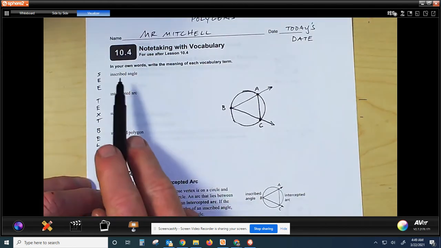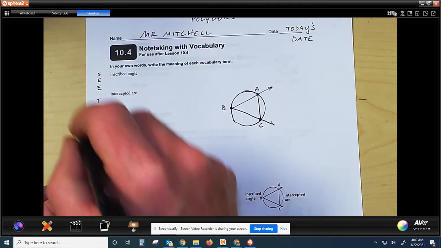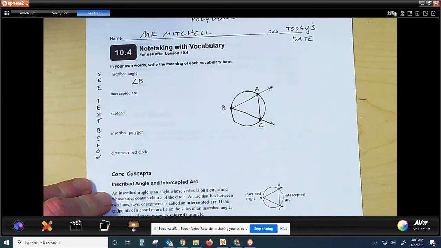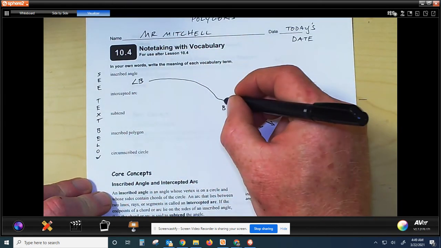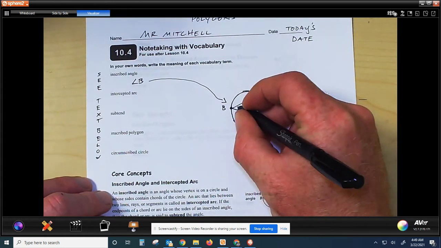Okay, so an inscribed angle, an angle kind of trapped on the inside of a circle. Let's give ourselves an example. Angle B is inscribed. So I'm just going to draw myself a little arrow pointing at angle B. That's an inscribed angle. And they're talking about this angle here.